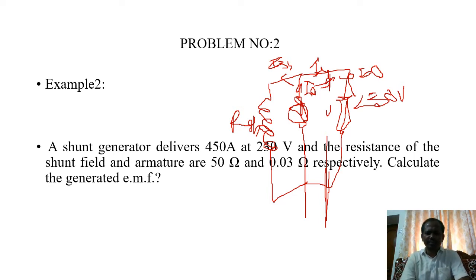This 450 ampere is divided as Ish and IL, so Ish plus IL is equal to 450 amps.